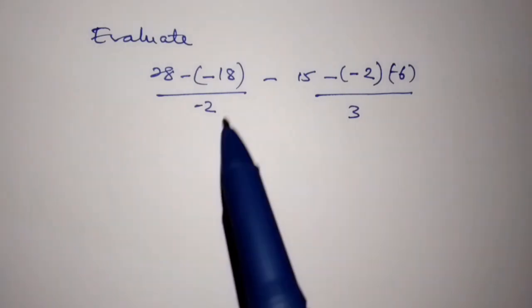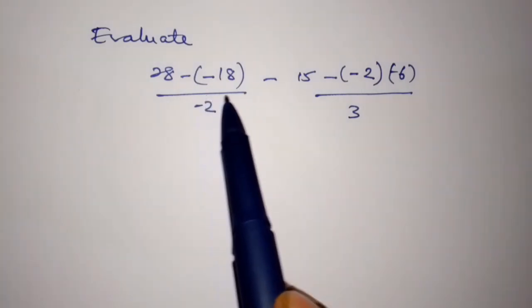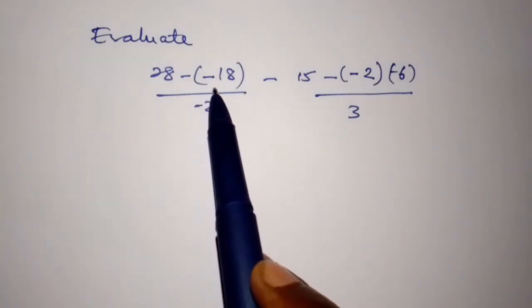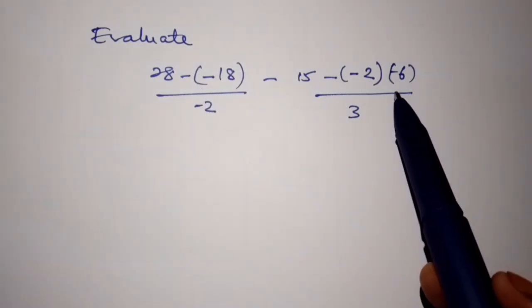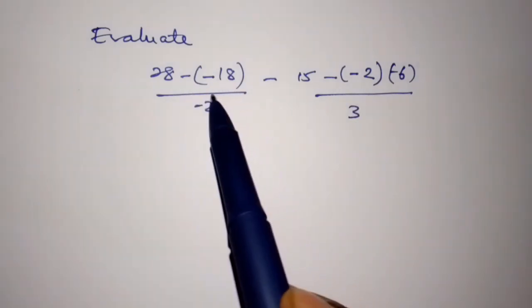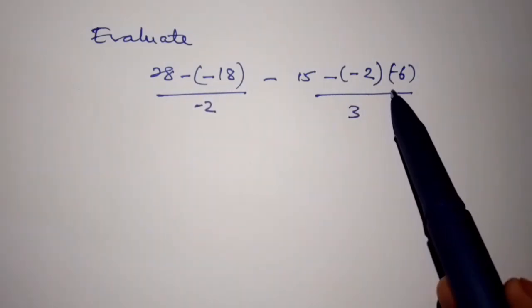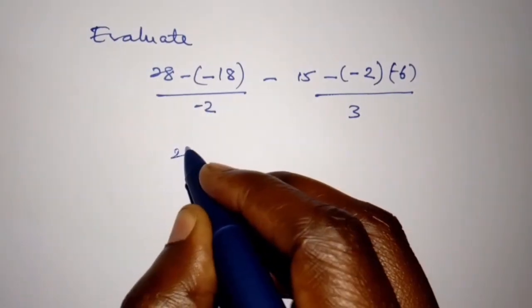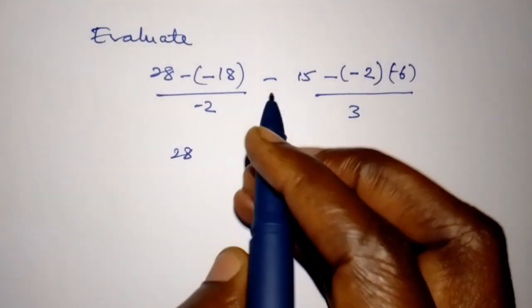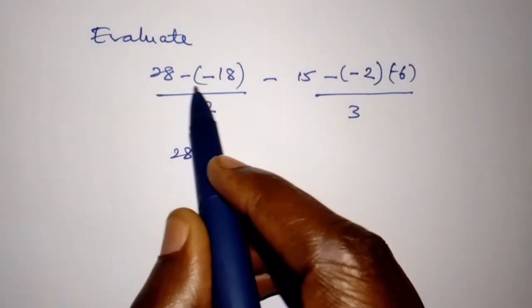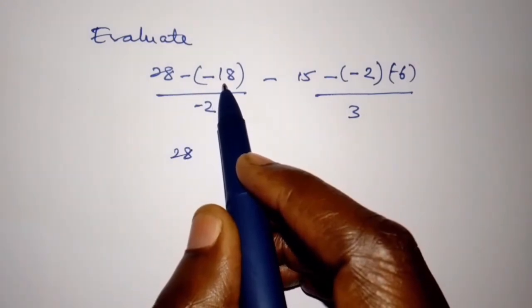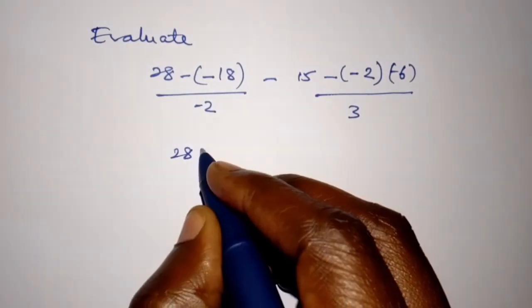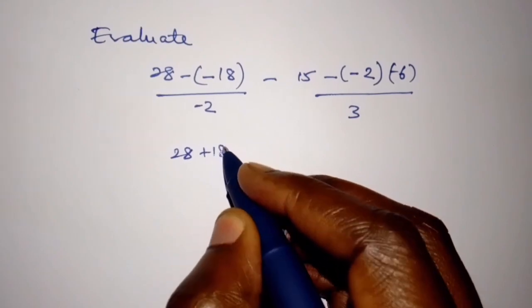First of all, we get rid of the brackets. We can write it as 28, minus times negative 18 is a positive 18.